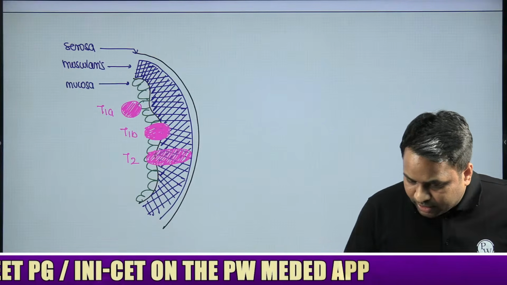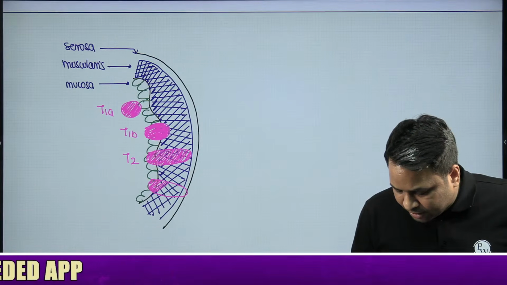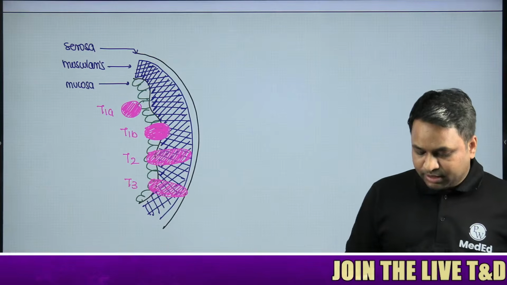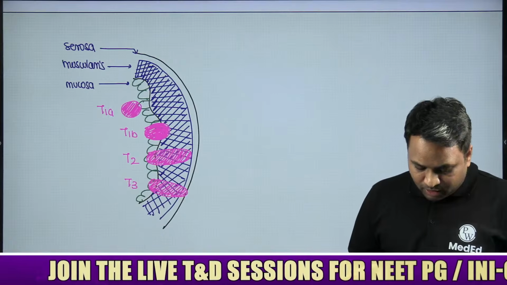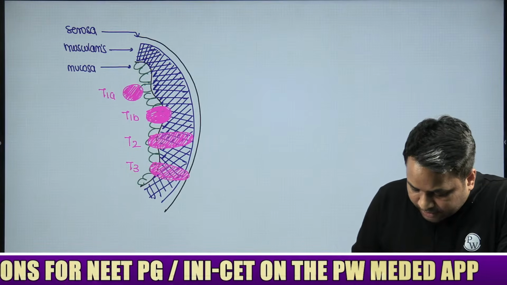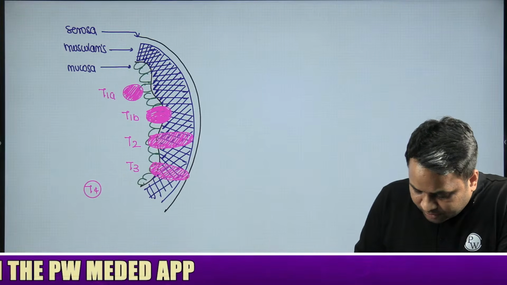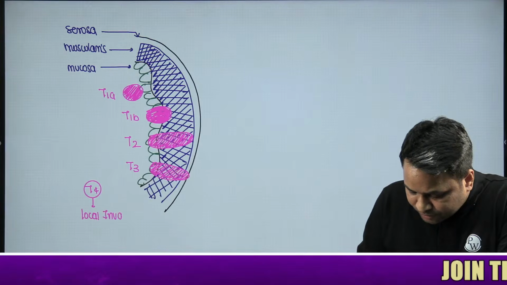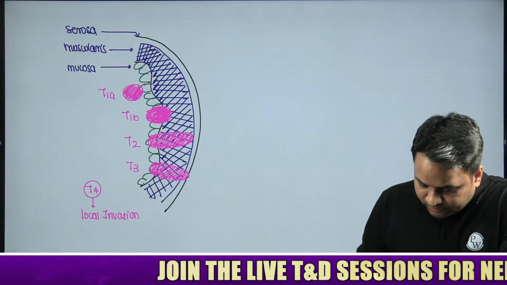If it is breaching the serosa, this is your T3 disease. If it is involving beyond the serosa, T4 is considered to be local invasion.